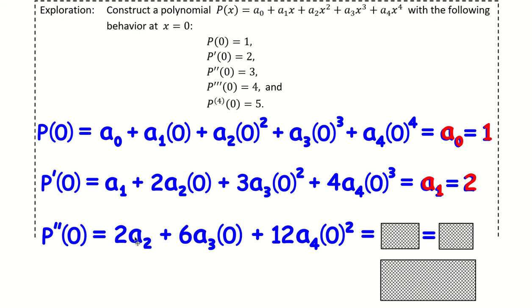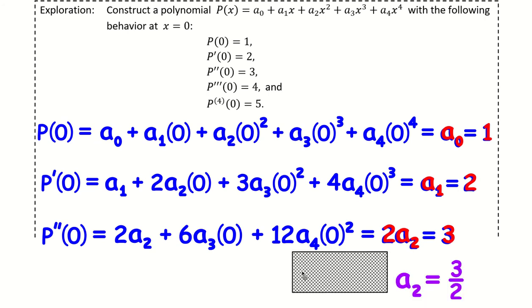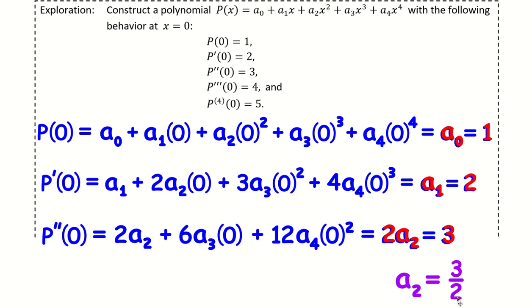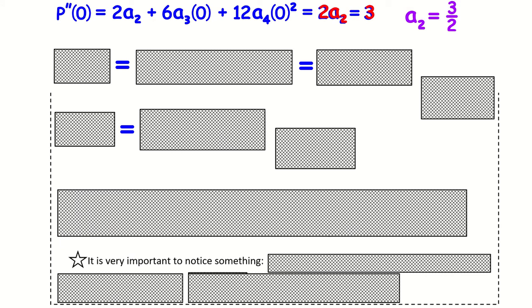See now it's not just a sub 2 that's going to equal 3, but 2a sub 2. So 2a sub 2 equals 3. And so solving for a sub 2, we get 3/2. Pause the video if you need to finish copying that down, or rewatch it if you need more time for what I've said to sink in.